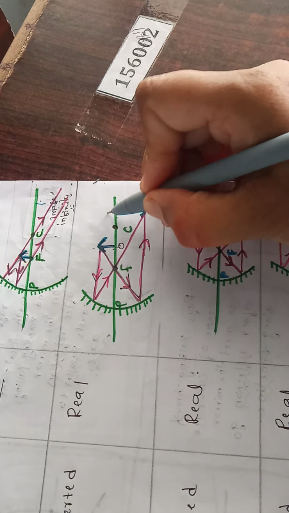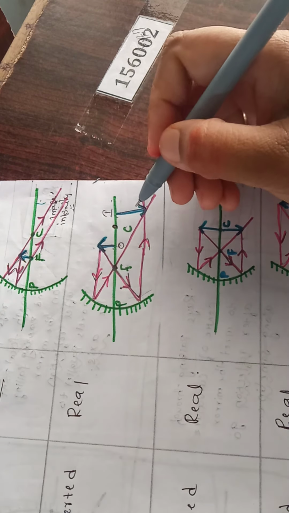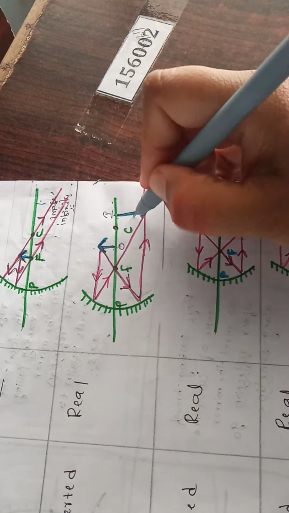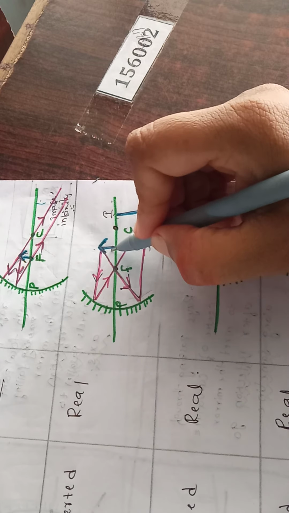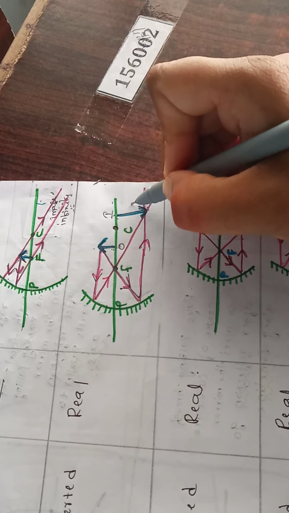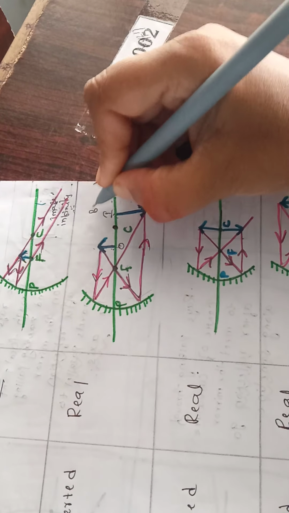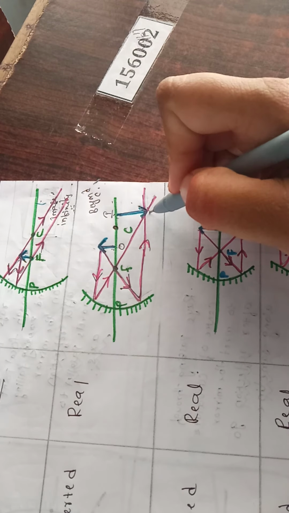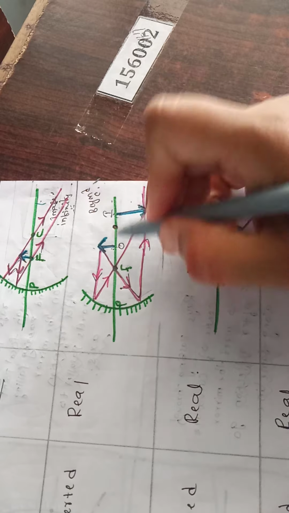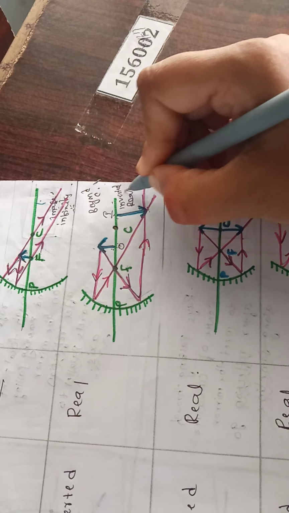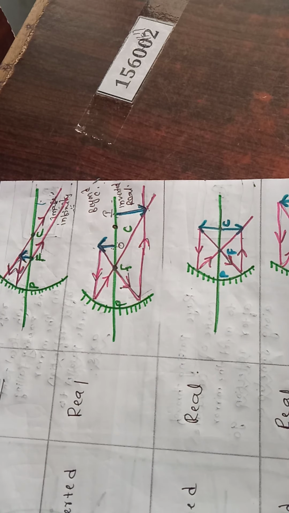Now this is the object and this is the image. How is the image? It is enlarged, means of greater size than that of the object. And where is it formed? This is C, so beyond C it formed. So where is the image formed? Beyond C. Okay, and it is inverted, and here we will get a real image, right? We will get a real image.